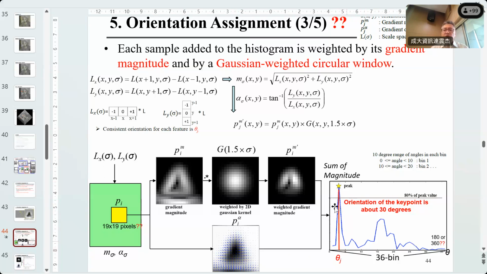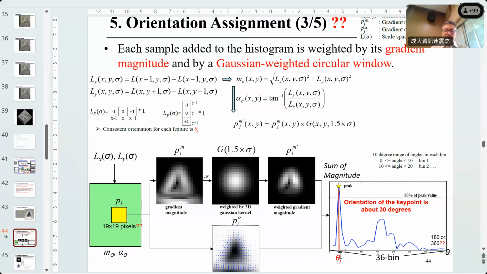You need to know how to formulate this histogram. Based on this histogram, we pick the highest one. This peak will be the rotation angle for this patch.